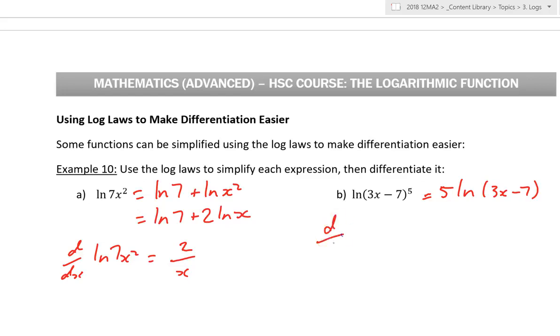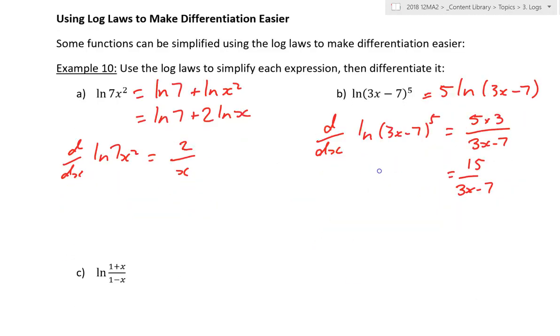If we differentiate that, d/dx of the log of 3x minus 7 to the 5 equals, the 5 stays here, I get 5 times the differential of this, 3, over this, 3x minus 7, equals 15 over 3x minus 7. Nothing super exciting about that.